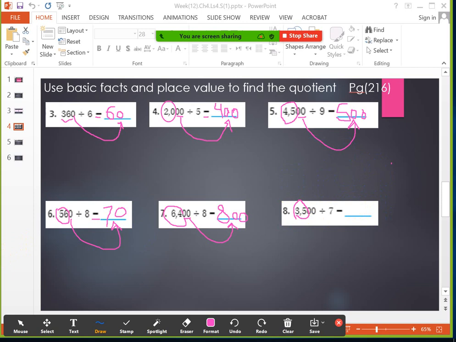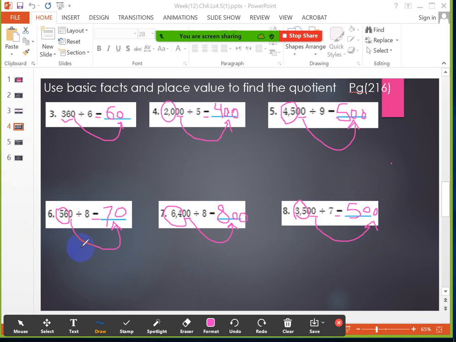Excellent. Very good, Aryam. Thank you so much. That means if you multiply 5 by 7, the answer will be what? 35. So the answer for division here is 5, and I have to put 2 zeros next to the answer. That means the final answer is 500.